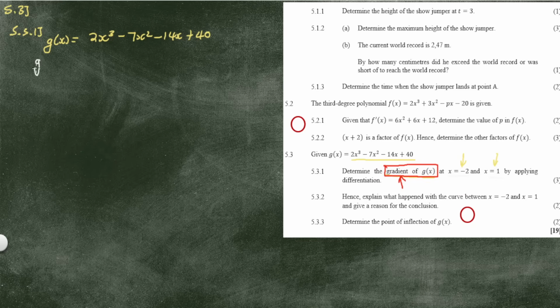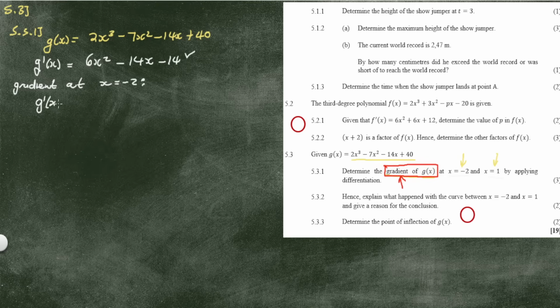Let's do it. Alright, first derivative is 6x squared minus 14x minus 14. This is the derivative, first derivative. Now, gradient at x equal to minus 2.